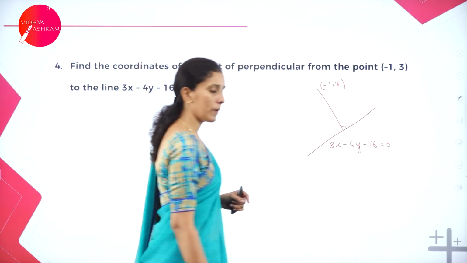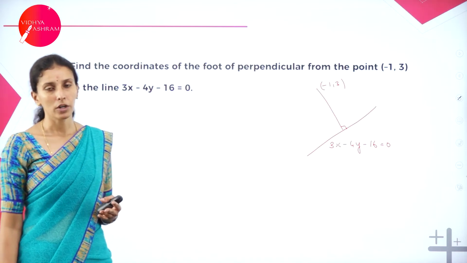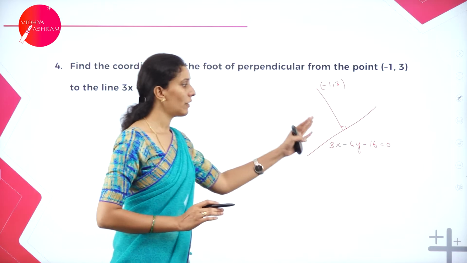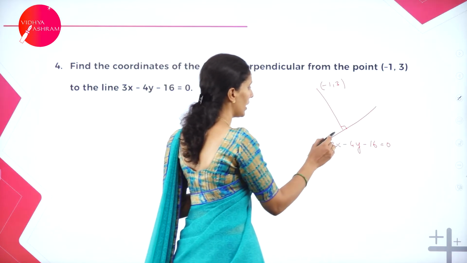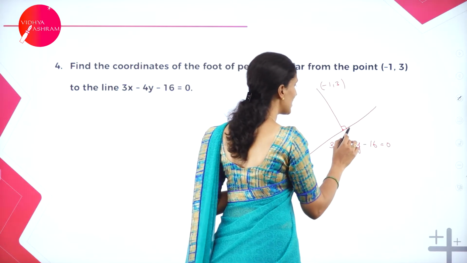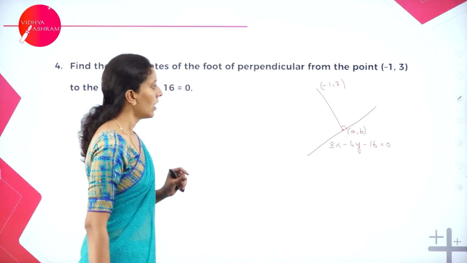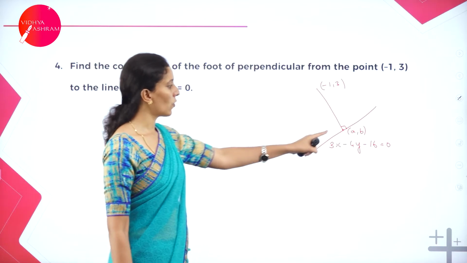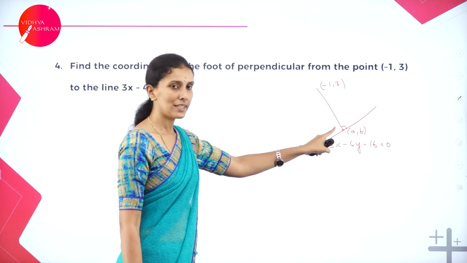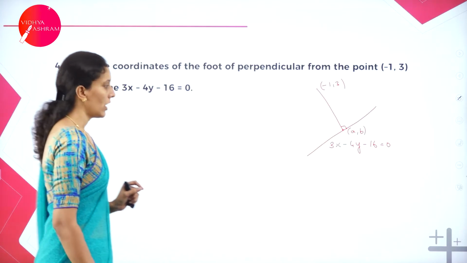Now since they are perpendicular to each other, the product of the slopes will be minus 1. So using that concept, we will find out the foot of the perpendicular. So let me take this point as some a comma b. Now I need to find the coordinates of this point. For that, let me calculate the slope of this line as well as this line.